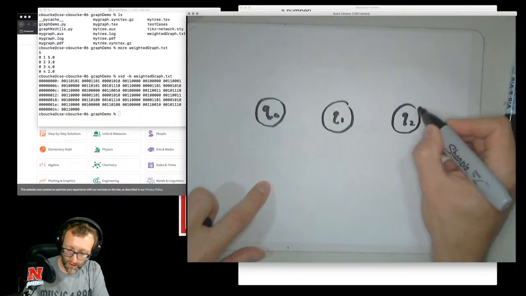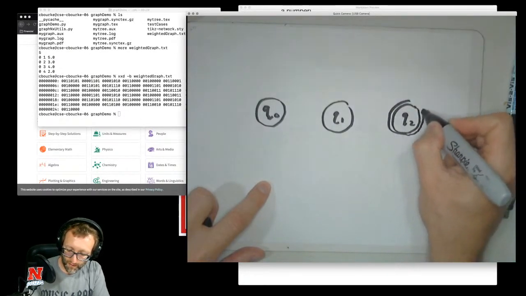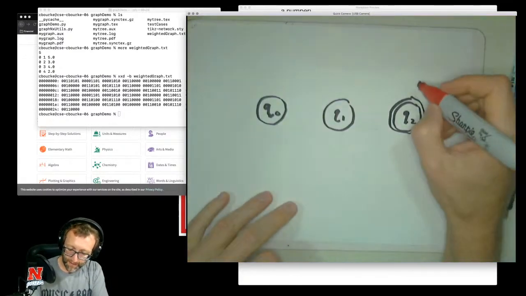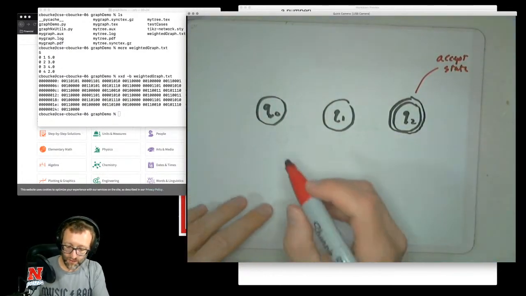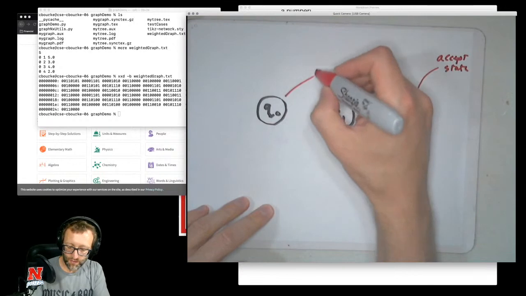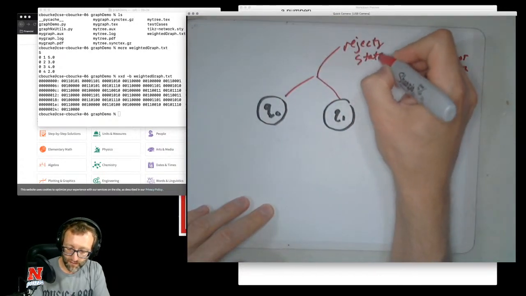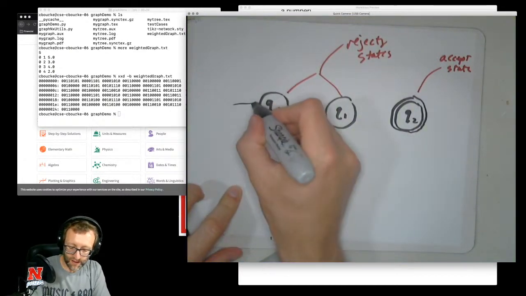I'm going to put a double circle around Q2 to indicate that this is an accepting state. And by exclusion, these two are going to be rejecting states. So Q naught is our initial state.